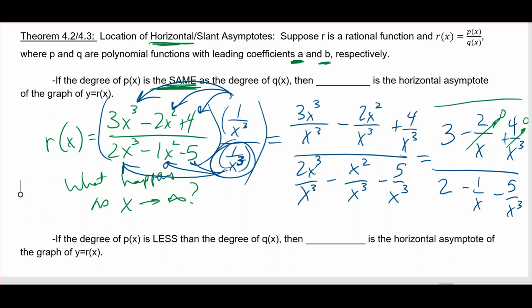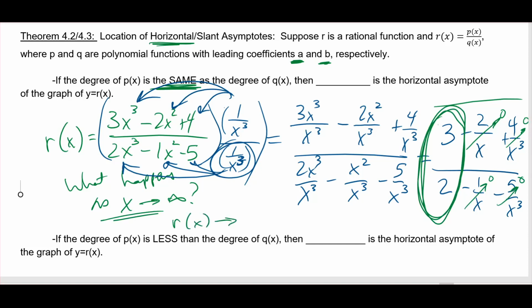This is also going to go towards 0, because the denominator is going to get really big. So is that, and so is this. All these pieces go to 0 except for these two. So as x goes toward infinity, our function goes toward 3 over 2. So this is going to be our horizontal asymptote.